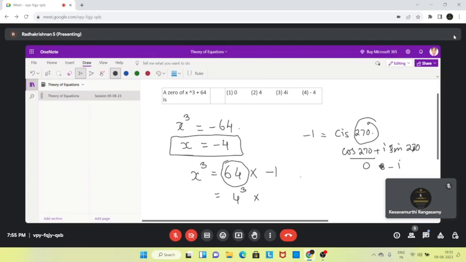So minus 1 is equal to cis pi, and otherwise you will get 1. 1 is cis pi by 2. No, cis 0. Okay. 1 is cis 0, minus 1 is cis pi.